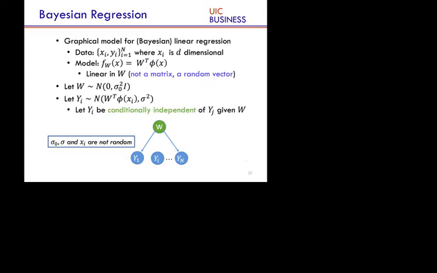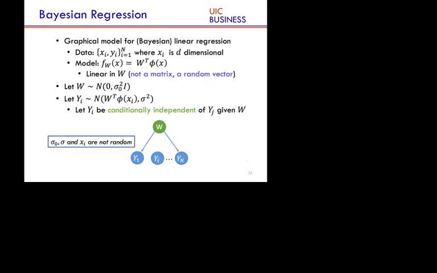In ordinary least squares the parameter is not a random variable, but here it is. That's why it's Bayesian regression. I'm introducing this function phi, which you can just think of as identity. So it can be just w transpose x, except that now w is a random vector.